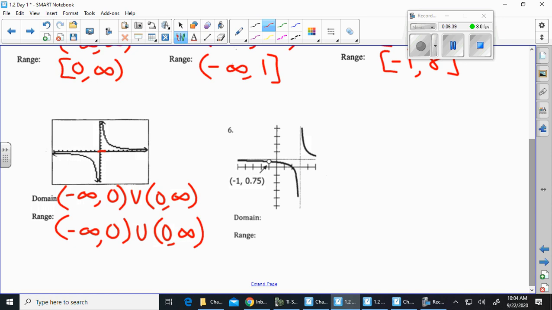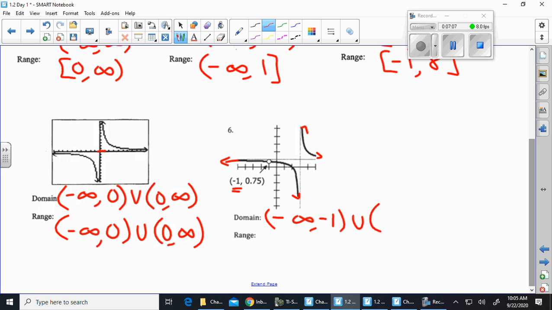Now the problem is you're going to be doing these algebraically without a picture. With this one, domain, you think left to right, just to give you an idea, that would be an arrow. You just don't see those. It is going to the left, but it stops at negative 1 because there's an open circle.